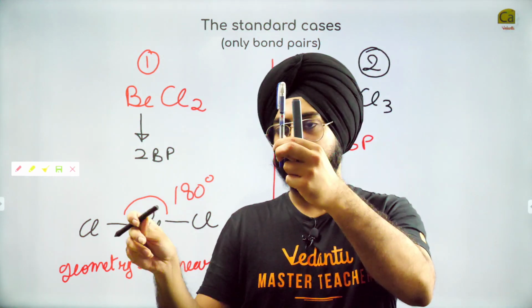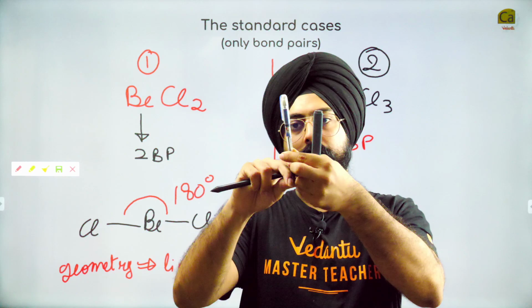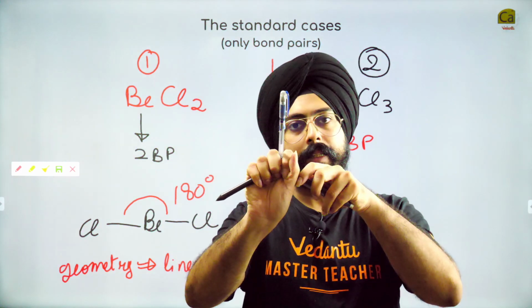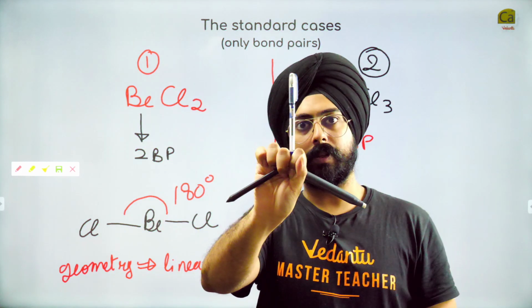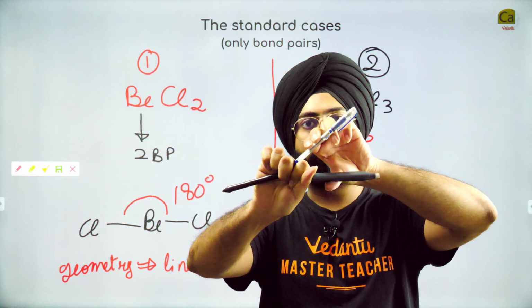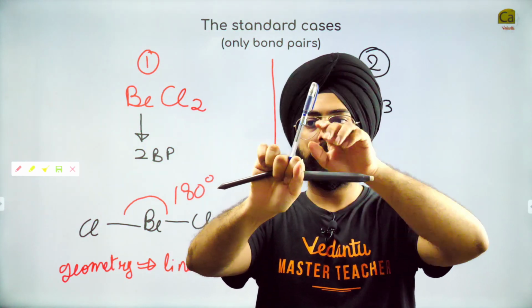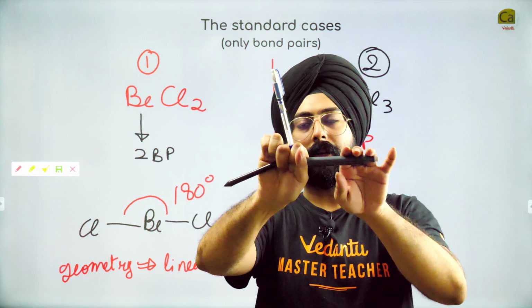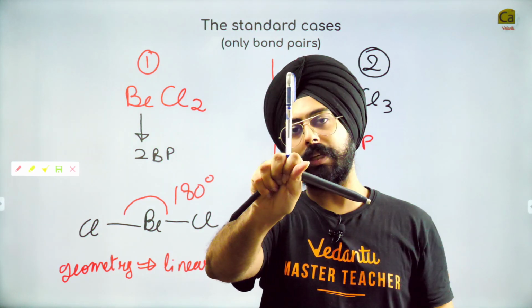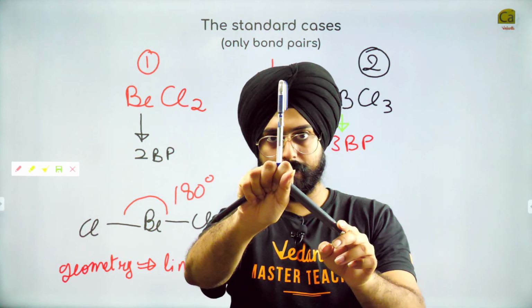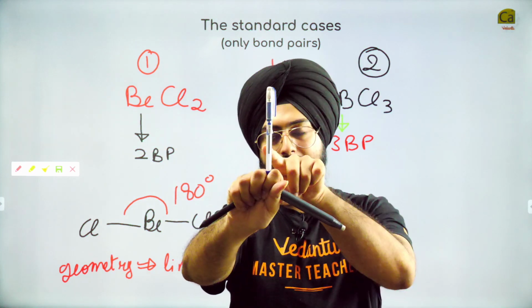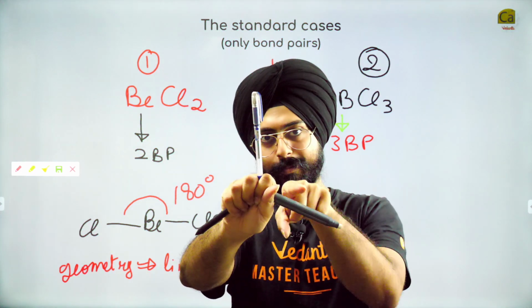One will be here, the other will be here, the third will be here. This is the maximum distance that you can keep. If you bring them closer, these 2 will repel. The maximum distance is if you keep them in this particular configuration. I am pretty sure you understand that this is a 120 degree angle.